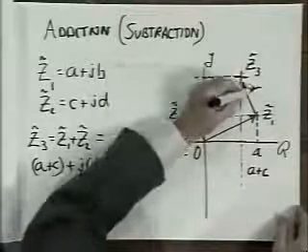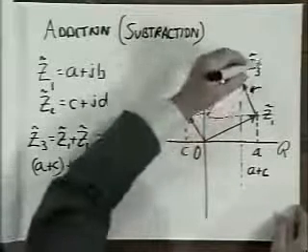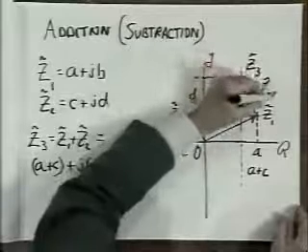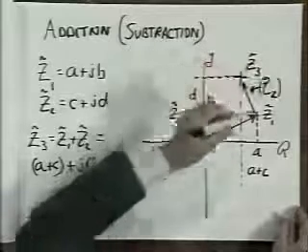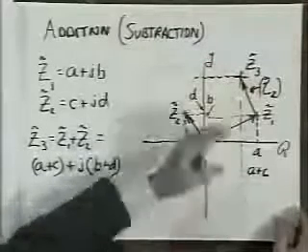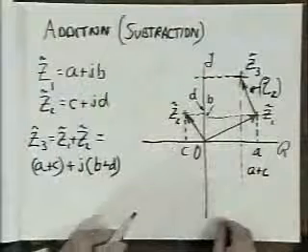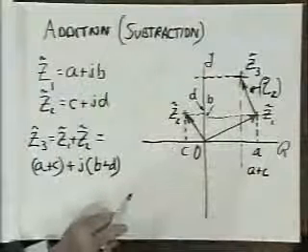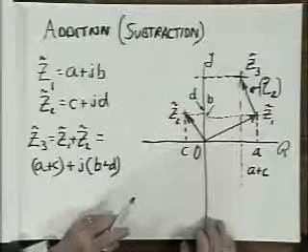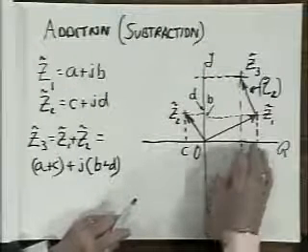That is, this is z2 translated. It should end up at z3. My trigonometry here was a little bit off. The values don't quite add that way. But the principle is clear.